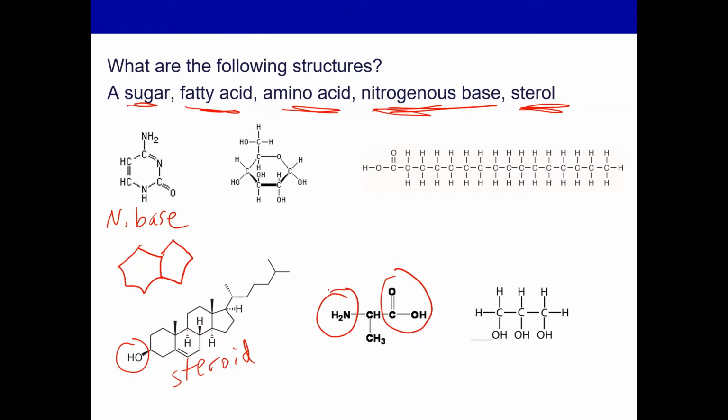So that one's a little bit harder because sometimes when they're linked up, you don't necessarily see the functional groups in the same way. But one thing to remember is that proteins and amino acids always have that C-oxygen double bond, and they always have nitrogens in them. So not all of our macromolecules have nitrogens in them, remember? So that's one thing to keep in mind. So this is my amino acid. That amino acid is actually alanine.